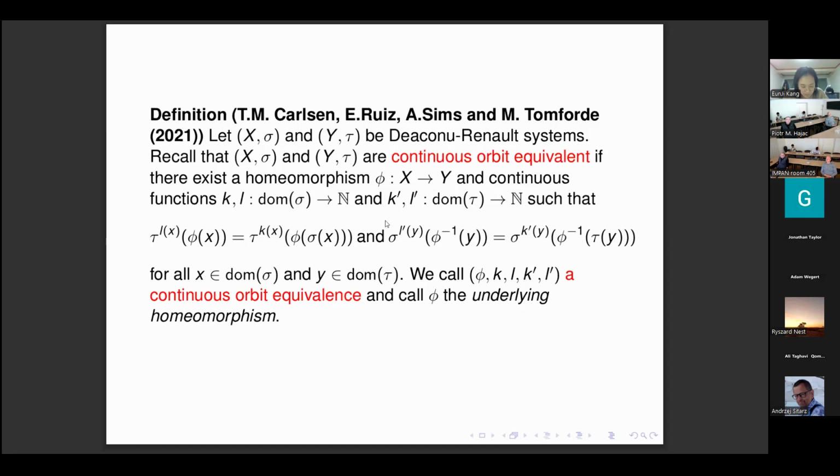This means that for every point where sigma is defined, the image under P of its orbit under sigma can be matched with an orbit under tau, possibly after shifting by some number of steps. And the same holds in the other direction from Y back to X.